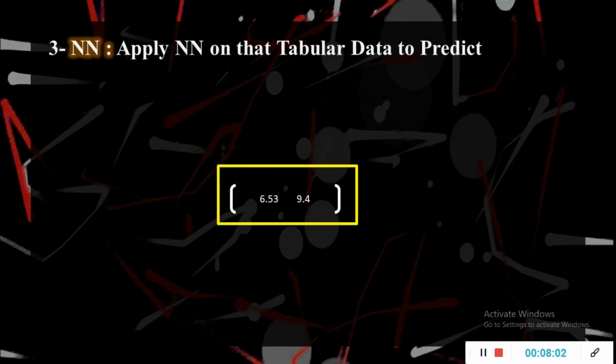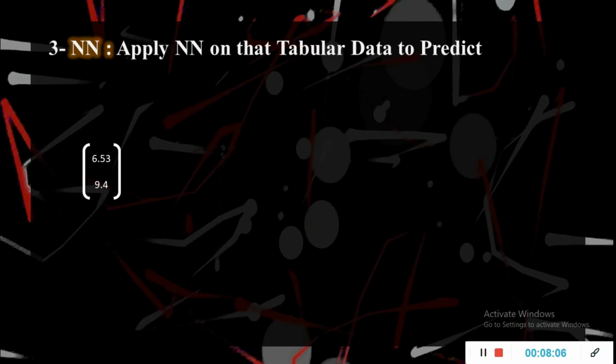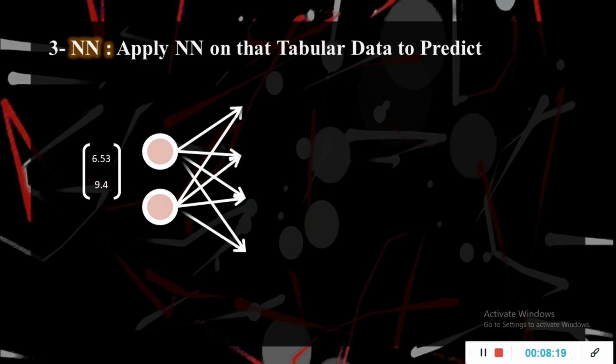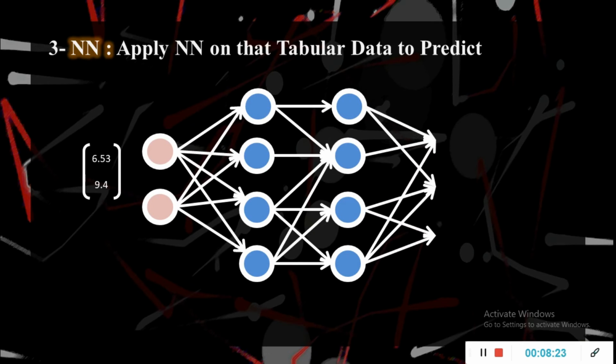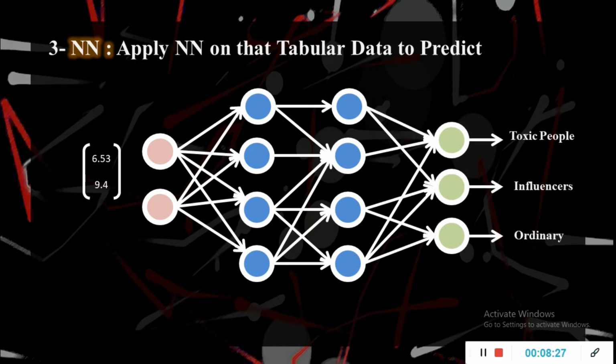Now let's come to the third step, the neural network. Now you can apply a neural network to this information. You have 2 features and need to predict some class, and it sounds familiar, right? You have 2 input nodes and some hidden layers, and after processing you have 3 outputs: either this belongs to toxic people, influencers, or ordinary people.